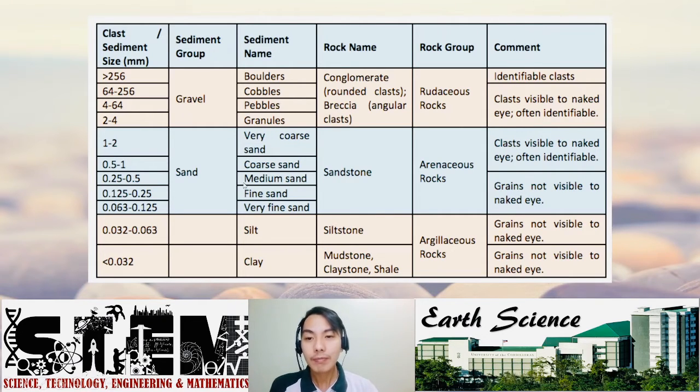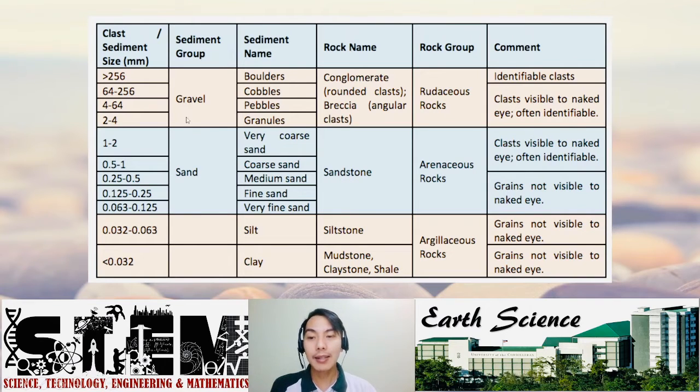Then we have sand. Sand ranges from 0.063 up to 1 or 2 millimeters. For this group, those are all called sandstone.